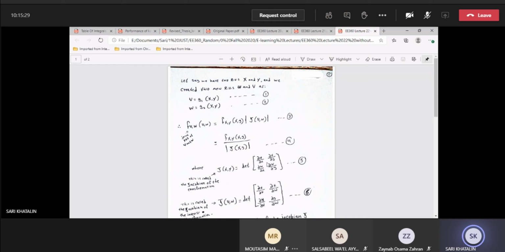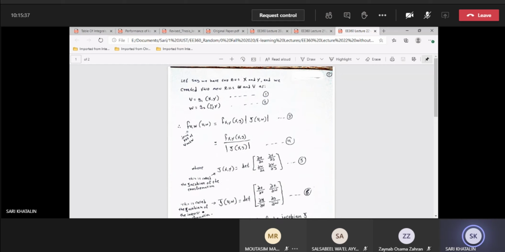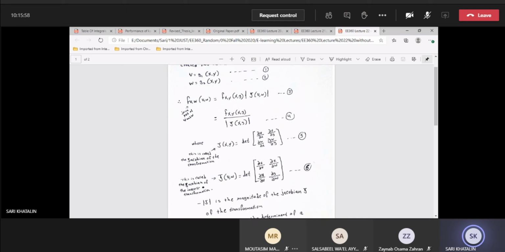This is the determinant. And if you need to find the inverse transformation, before you do that, you have to find x and y in terms of v and w. You need to find x and y from equation 1, and x and y from equation 2, and then you can find the inverse transformation the same way.